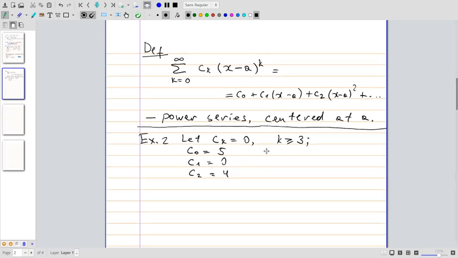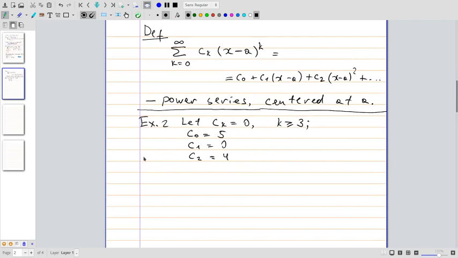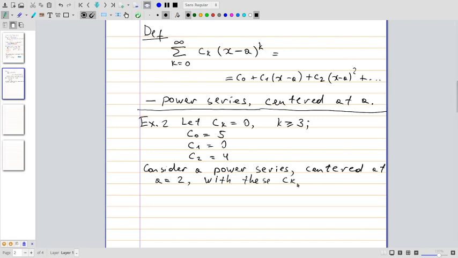Okay, and let us consider a power series centered at a equals 2 with these c_k's. So let's see what this power series will look like.